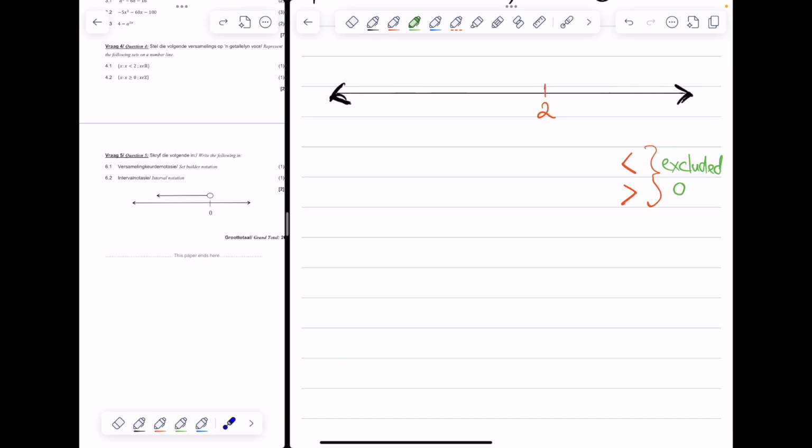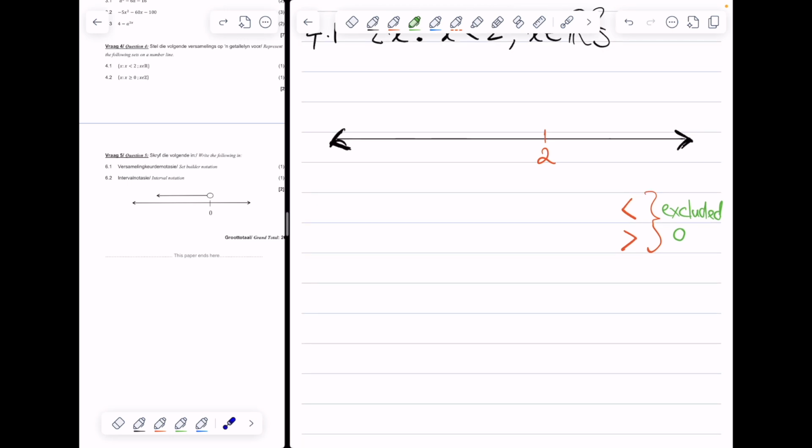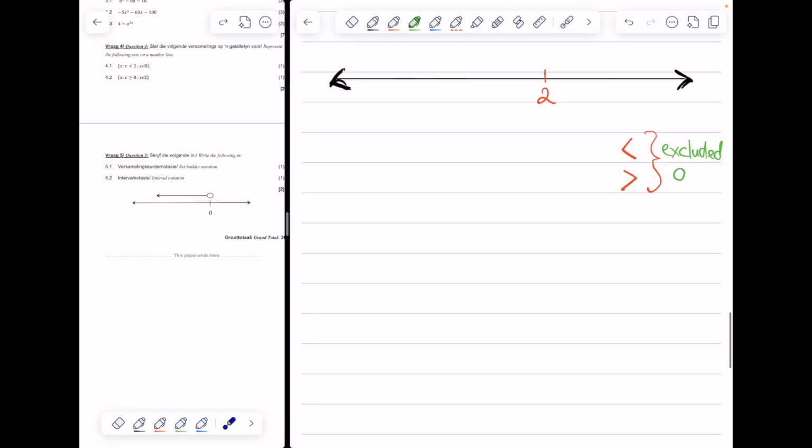If you're going to use a circle to indicate your range of numbers on the number line, you're going to use an open circle for excluded. If I have less than or equal to, or greater than or equal to, these are included, so that is a closed circle or colored in circle.